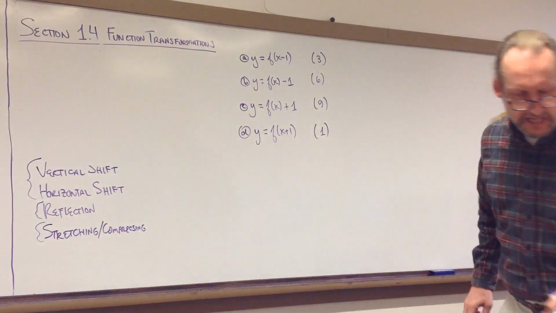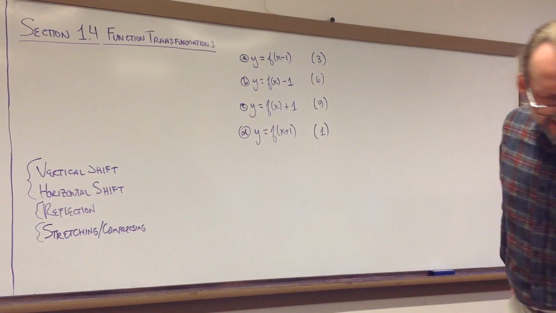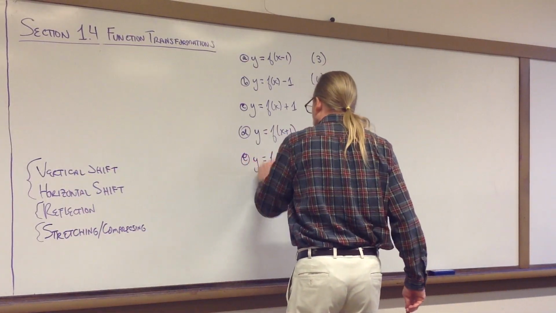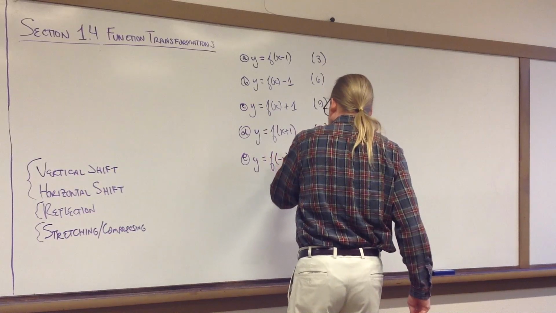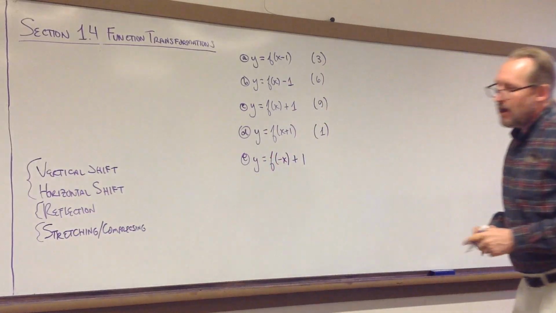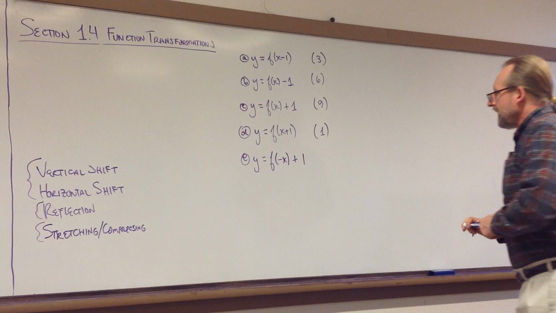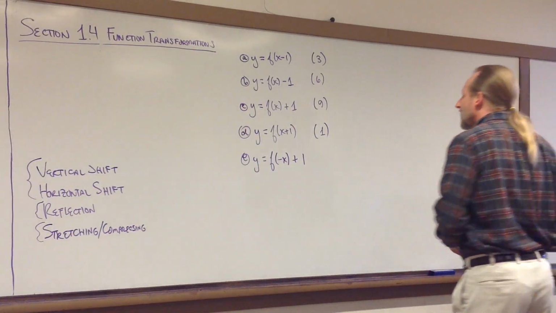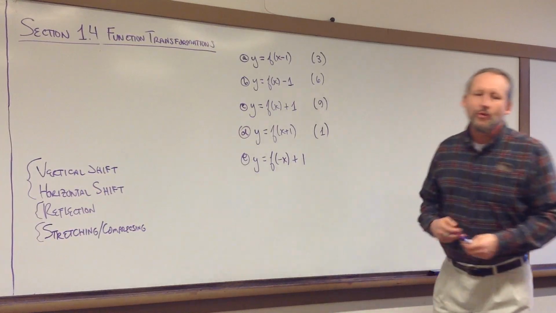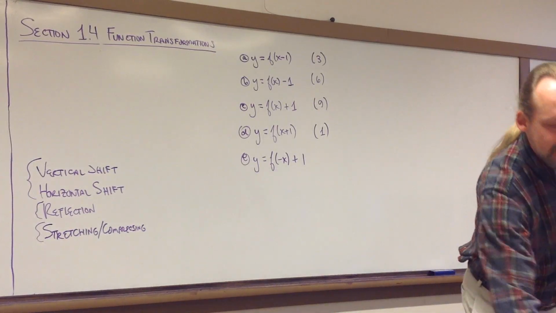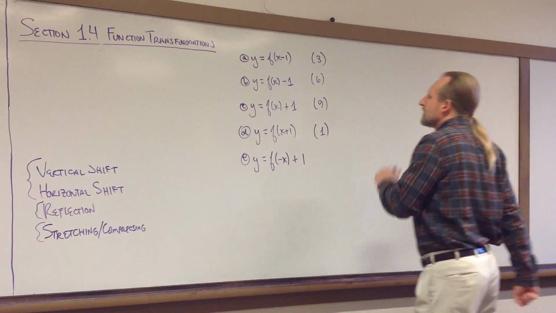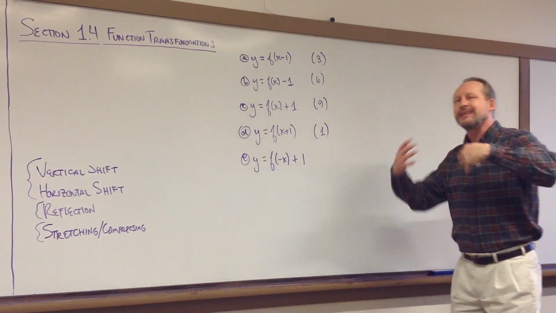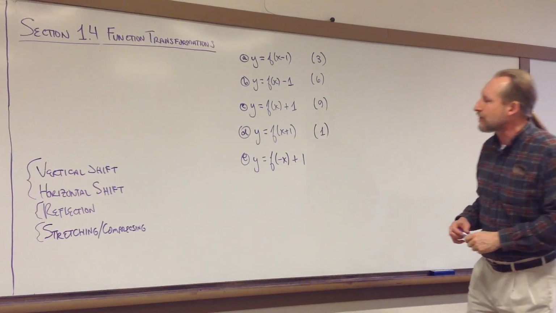Okay, where are we? E, f of negative x plus 1. So in terms of what happens first, sometimes it doesn't matter, sometimes it does. So it's good just to be aware of the fact that these things are affecting the function in a similar way to the order of operations.